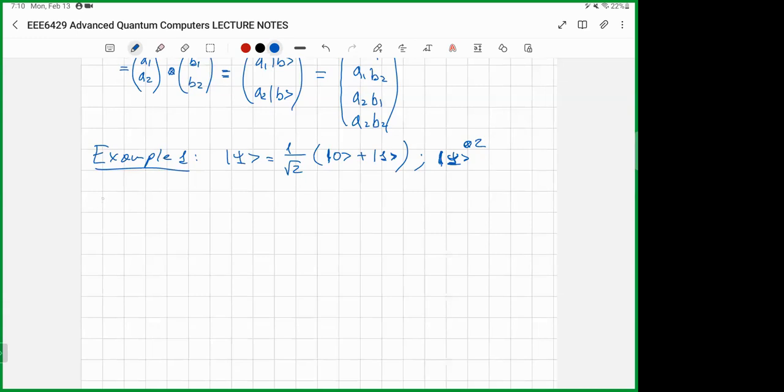First let's rewrite this state in the matrix form. We already did this, so it's supposed to be very simple. State 0 is (1, 0), state 1 is (0, 1), right? So the result is the vector (1 over square root of 2, 1 over square root of 2).